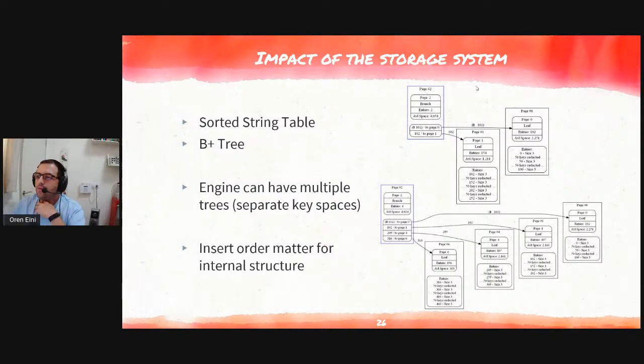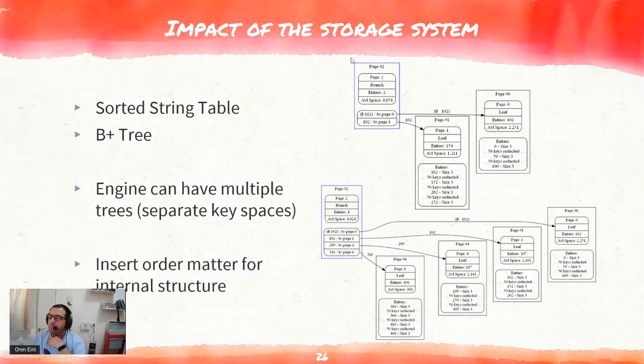Now, this is a B+Tree. A B+Tree is a page. This is a 4 kilobyte, 8 kilobyte page of data. And this is how the data is internally structured. So now let's say that I want to find entry 102. I read the root page.